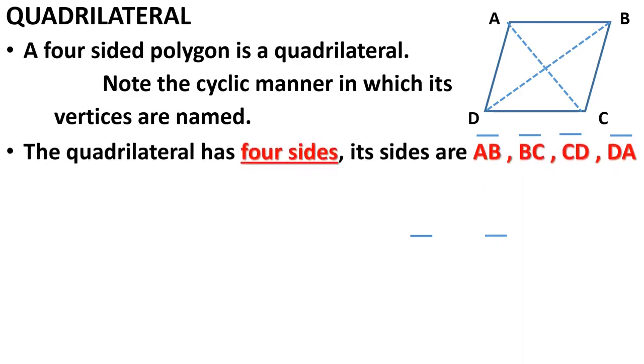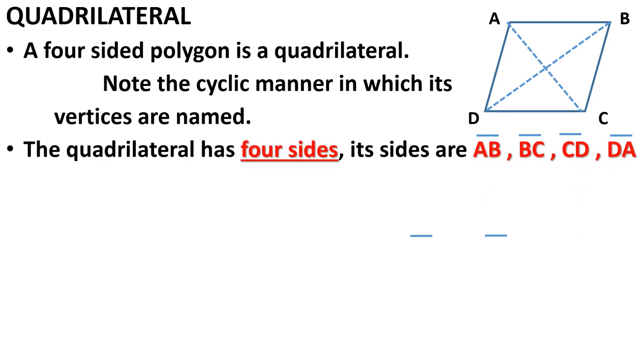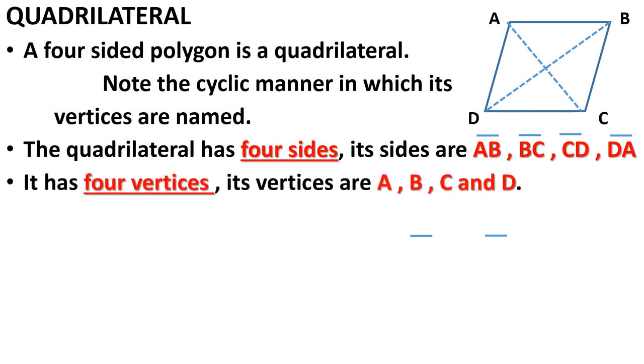A quadrilateral has four sides. Now see its sides. Sides are AB, BC, CD and DA. These are the four sides of a quadrilateral. It has four vertices. Its vertices are A, B, C and D. It has four angles.